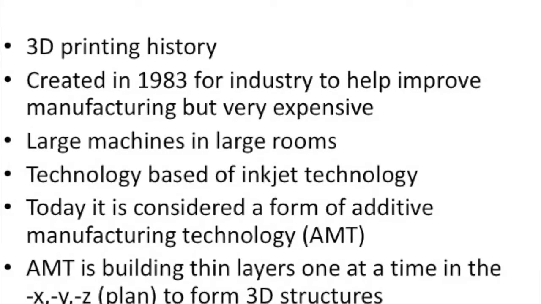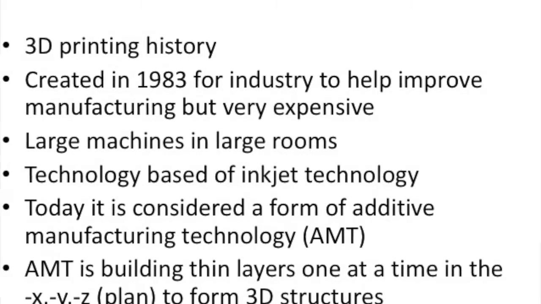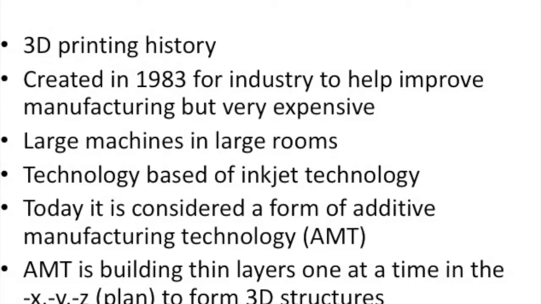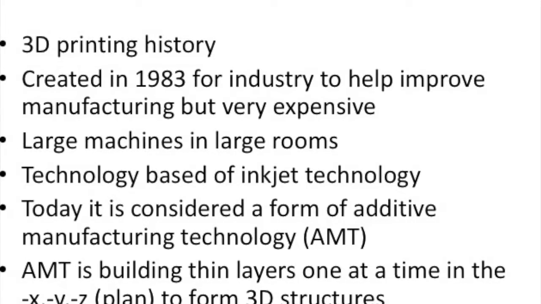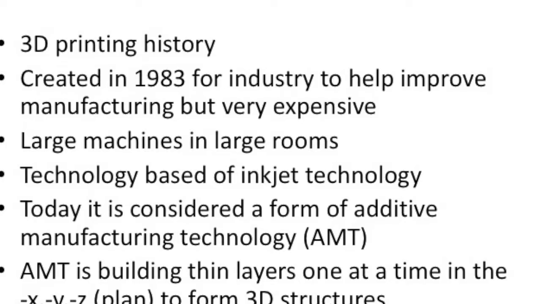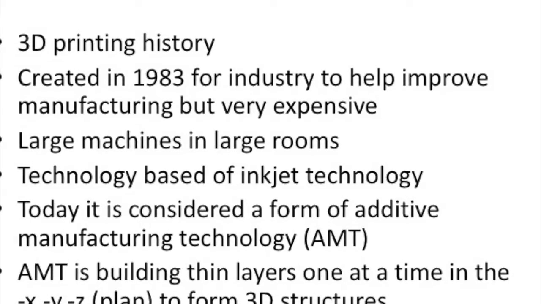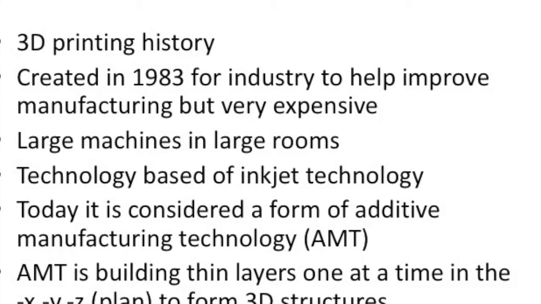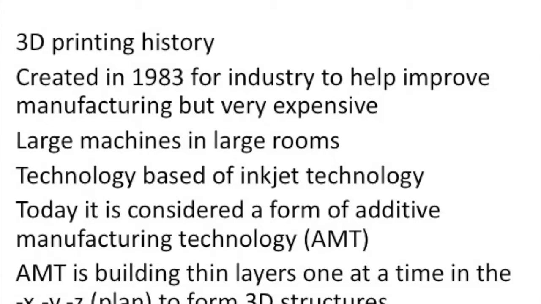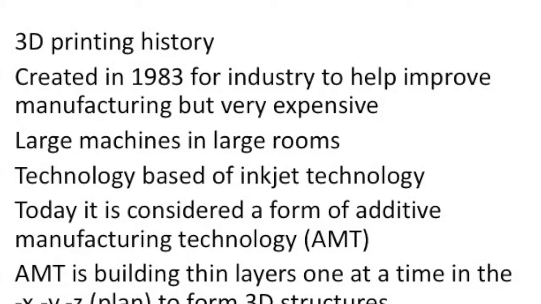AMT is simply taking all of the previous known technologies and incorporating them into building thin layers one at a time that essentially print in 3 dimensions along the X, Y, and Z coordinate planes. Ultimately, they form the 3D structures that we know and see as a 3D printed prototype or mold.